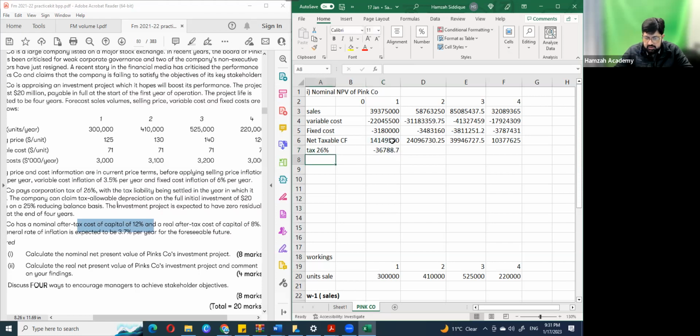Students, here is the tax payment. Here we are.